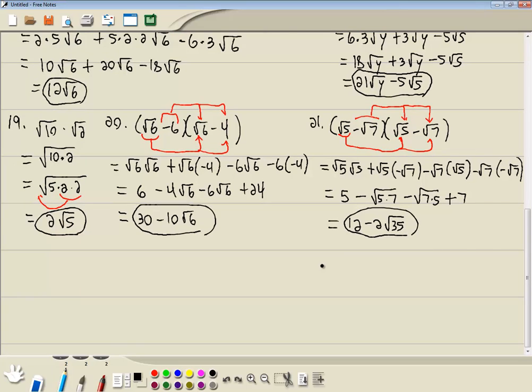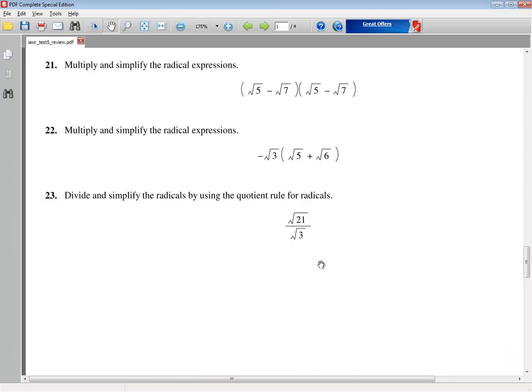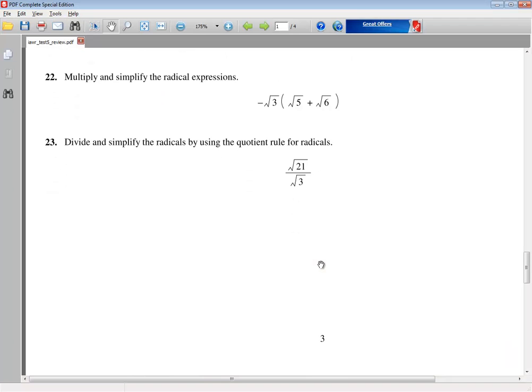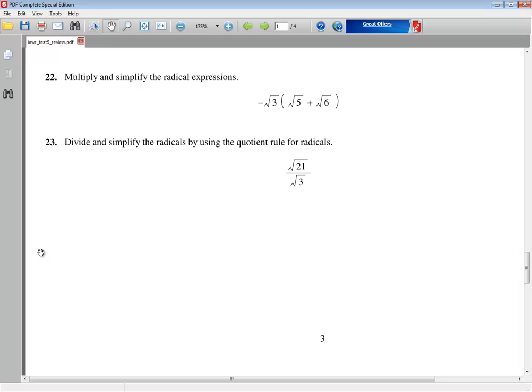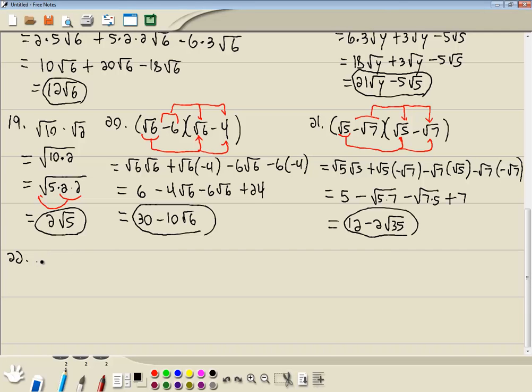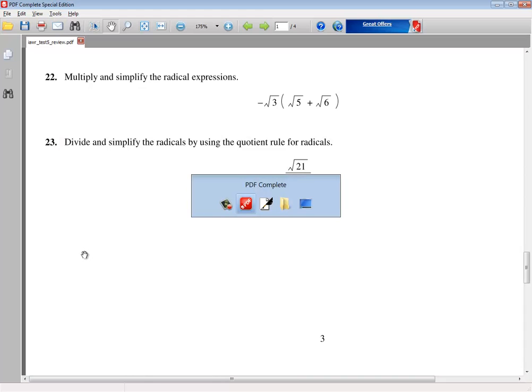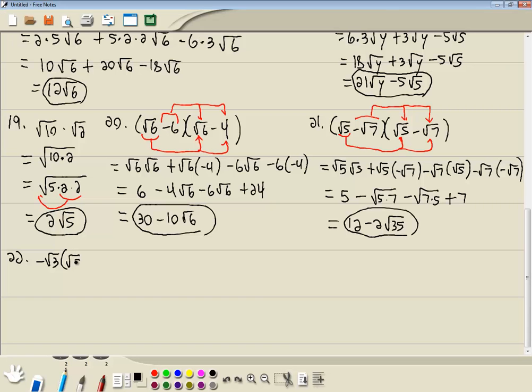Okay, number 22. We've got negative square root of 3 times square root of 5 plus square root of 6. Now this is a distributive property, so we're going to take negative square root of 3 times square root of 5 and times square root of 6.